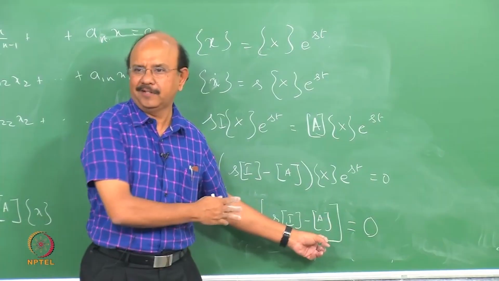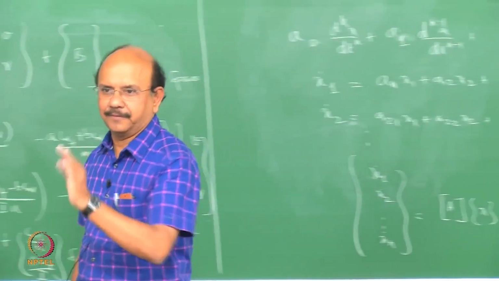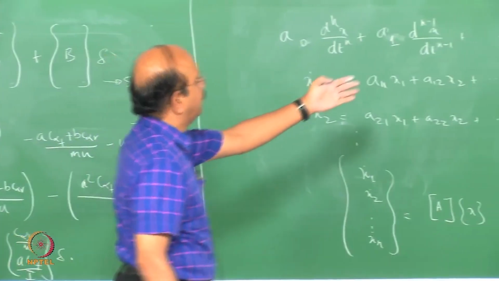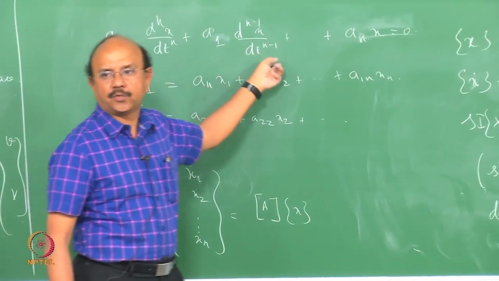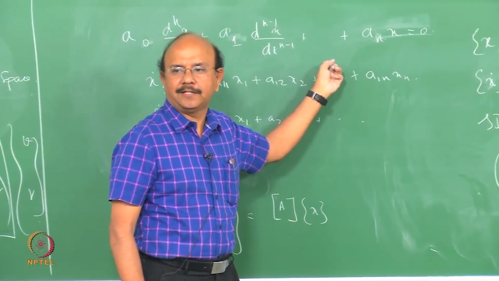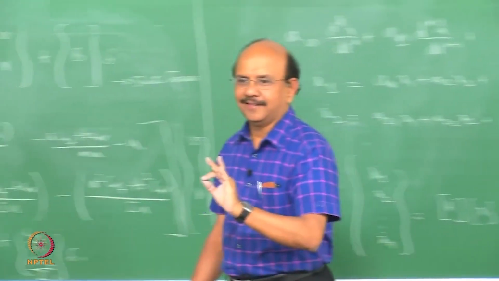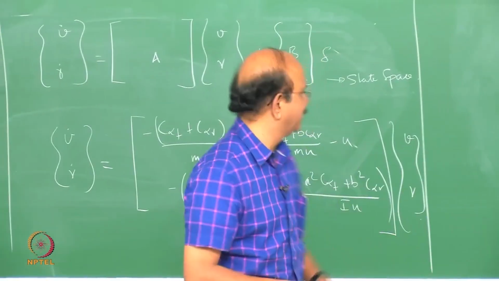Just wait for a minute. Let's finish this. If it's a second order system, it will be s squared plus something, and there are n roots in general. Let's first finish it and then we will go to the stability.